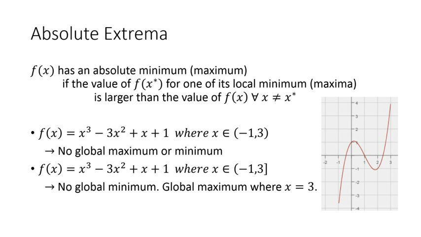Notice that for this function that's graphed, we have global minimum and maximum values that would be defined if the function were defined over a closed interval, but are not defined where the function is defined over an open interval. But the function does have local minima and maxima, which you can find by taking the first derivative.